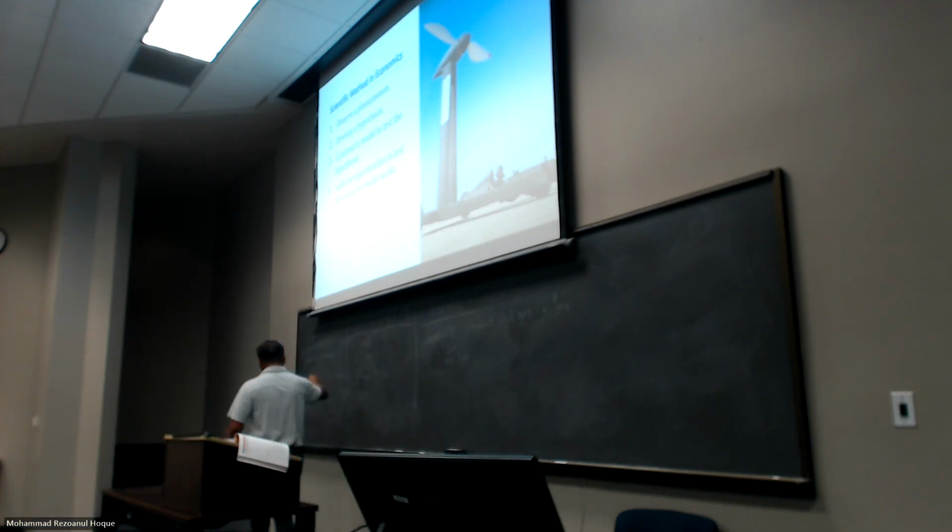And this model works with variables. To get a job, you need a lot of variables. Number one, you need skills. To get a job, what do you need?